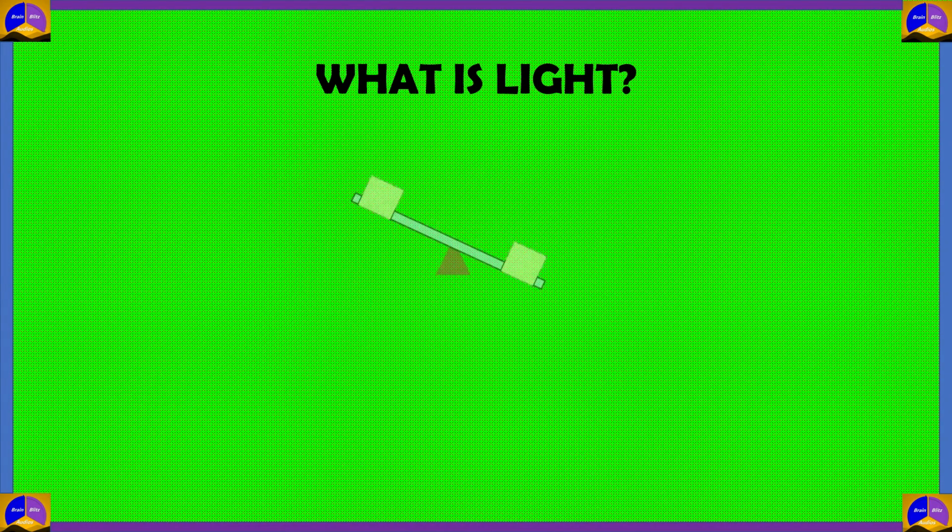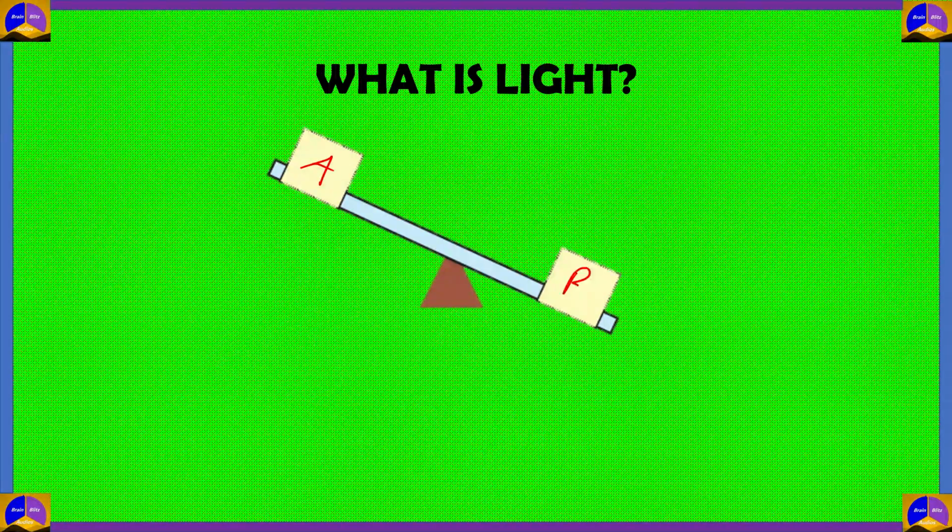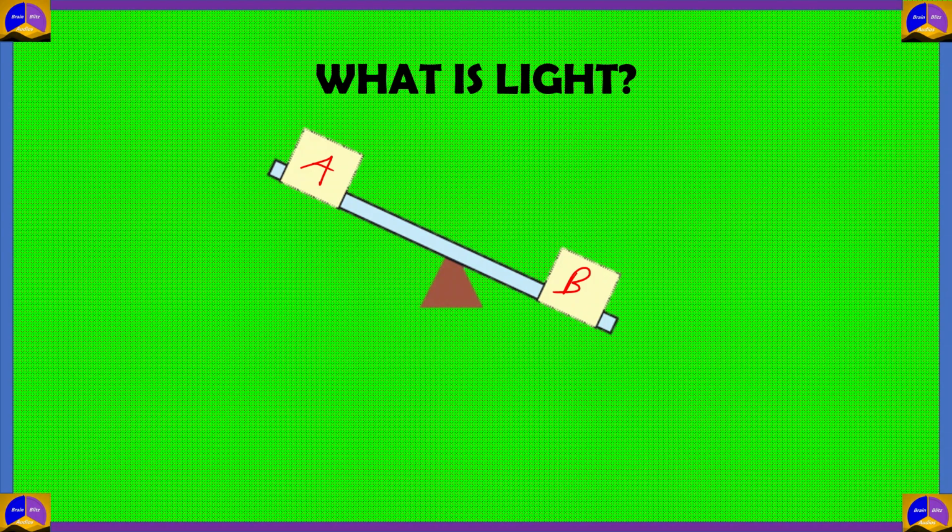Now let's understand what is light. Now we take another seesaw and let's mark them as A and B. Now which do you think is light? Now we know that light is the opposite of heavy.